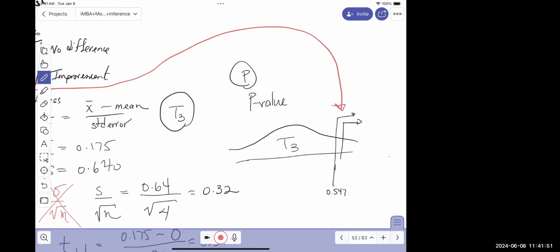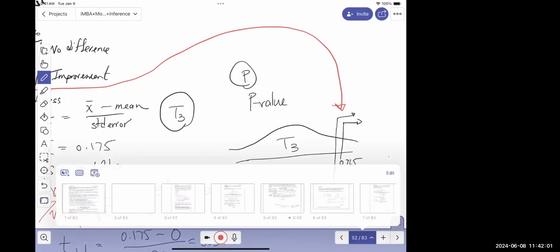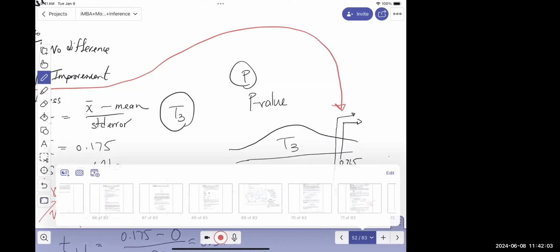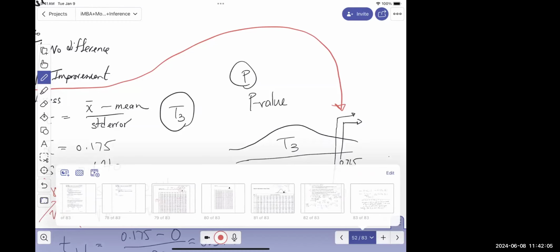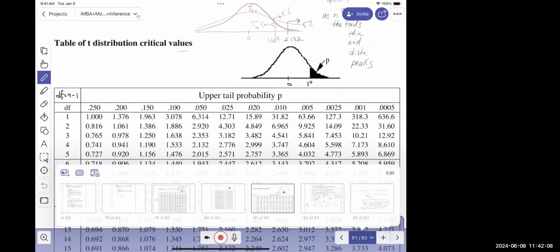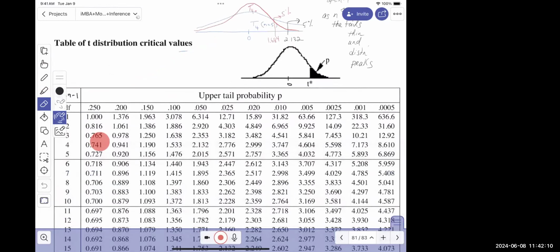And the one on the table is 0.765, which is over here. Let's go look at the table. On the third row, the first one we have is 765, right?